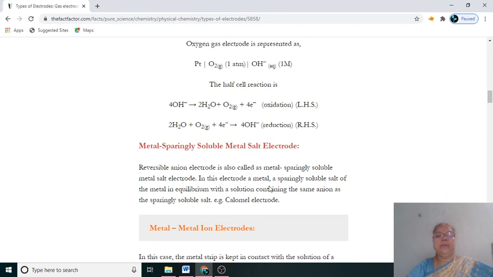In this electrode, a metal and its insoluble salt are in equilibrium with a solution containing the same anion as the sparingly soluble salt, for example the calomel electrode. You have studied in detail the construction of the calomel electrode.